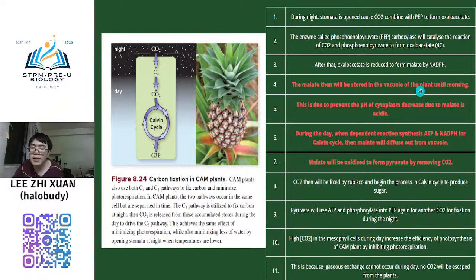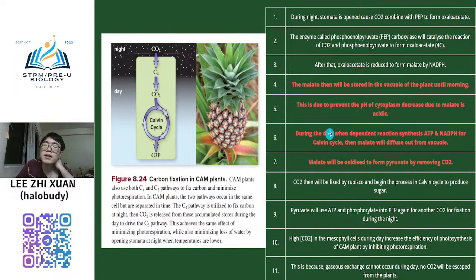It will be stored in the vacuole first, to prevent the pH of the cytoplasm from decreasing, because malate is acidic. So why store the malate in the vacuole? Because we want to maintain the pH value in the plant. If there is too much malate, it will decrease the pH value of the plant.